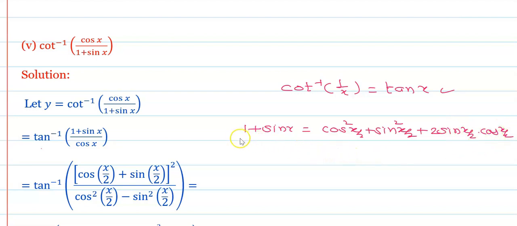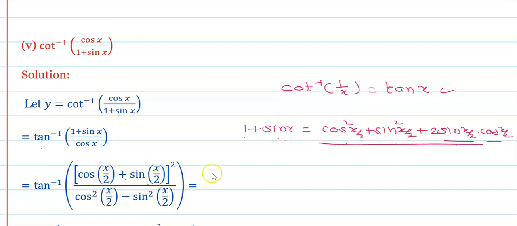One important thing: I have taken the value of 1 as cos square x by 2 plus sin square x by 2 due to this sin x. If I apply the formula for sin x, it is 2 sin x by 2 into cos x by 2. Means this is a, this is b, that is a square plus b square plus 2ab, so a plus b bracket square. Hence here you will get cos of x by 2 plus sin of x by 2 bracket square.